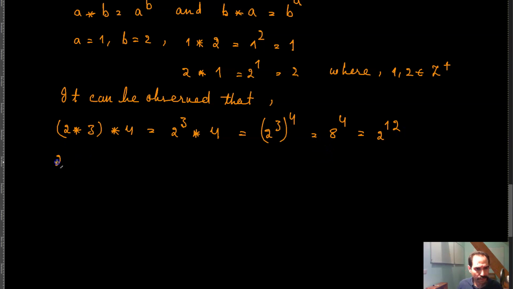Now, 2 star 3 star 4, taken the other way, is the same thing as 2 star 3 raised to the power 4, which is basically 2 raised to the power 3 raised to the power 4. Now 3 raised to the power 4 is equal to 81, so that's 2 raised to the power 81.